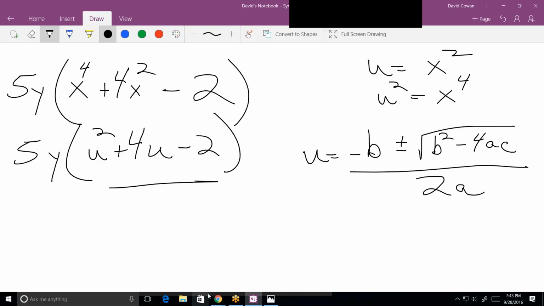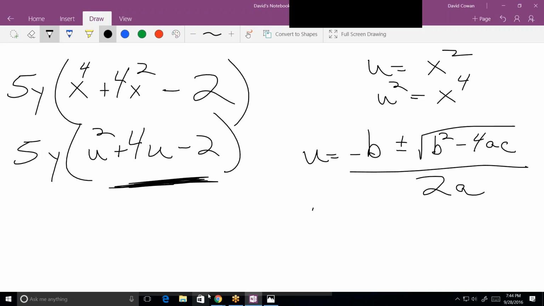So if I want to factor this and I can't factor it using normal techniques, I have to use the quadratic formula. Every quadratic can be factored. It's just a question of whether you can do it easy or whether you can do it tough. And when you have to use the quadratic formula, that's doing it the hard way.